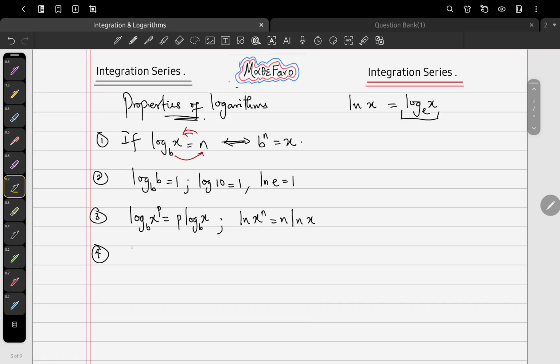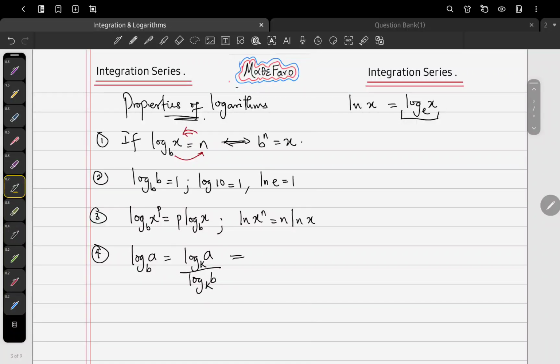If I have the logarithm of a to base b, this is what we call the change of base: the logarithm of a to any random base over the logarithm of b to that same base.